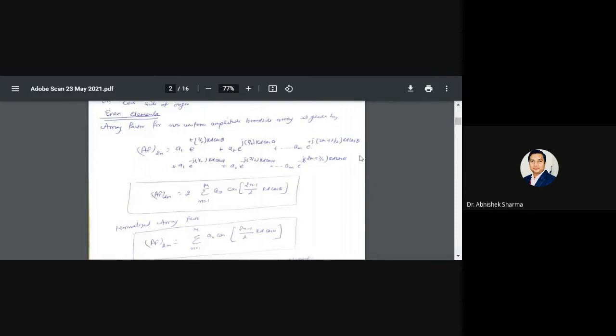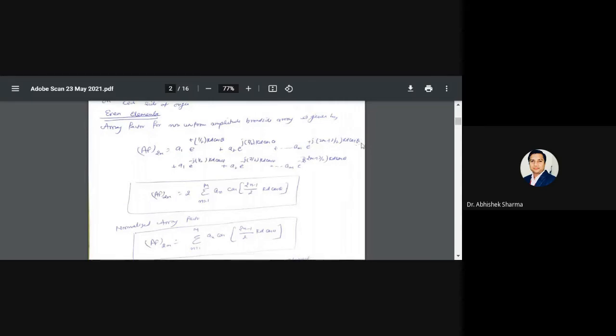So the array factor, we know, is given by, first of all we will consider even elements. So the array factor is given by a1 e raised to power plus j 1 by 2 kd cos theta, that is because of the first element. Now because of the second element, it is a2 e raised to power j 3 by 2 kd cos theta, and up to M elements there is e raised to power j (2M minus 1) by 2 kd cos theta.